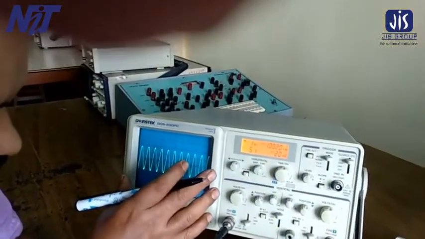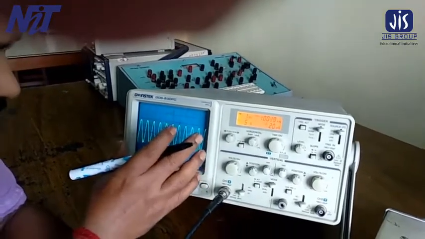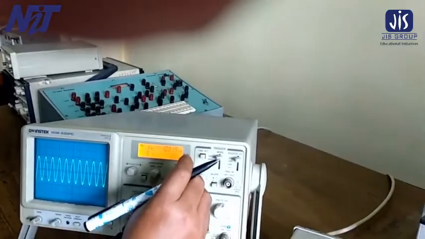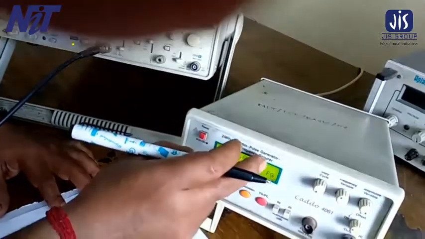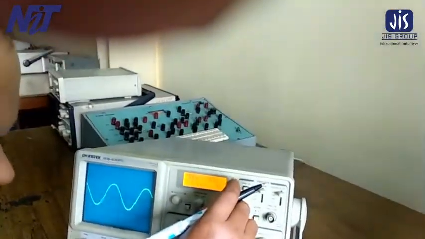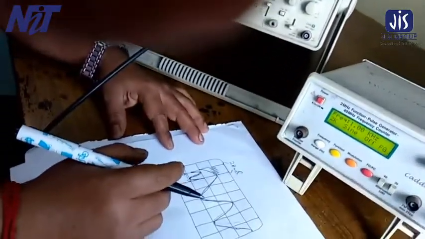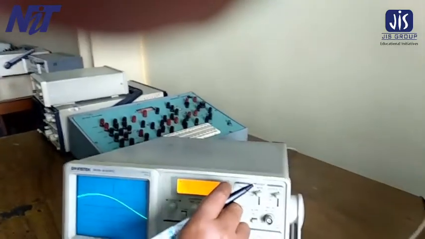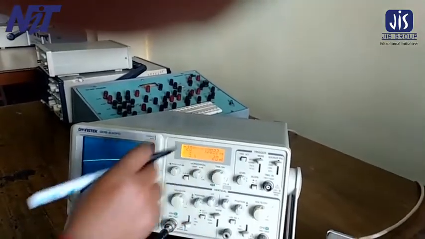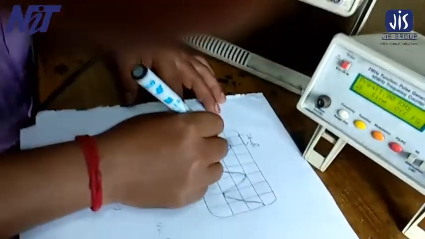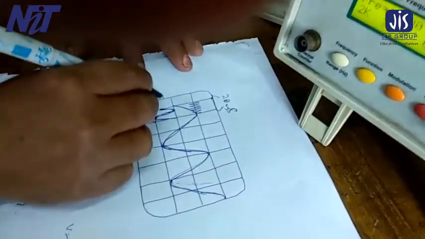And if you want to illustrate this signal further, to view or analyze it properly, then you may decrease your time base in comparison to your actual signal. That means your actual signal has 1 millisecond, you may set it at 0.2 or 0.1, not too far, because if you make your sweep too fast, or your time too small compared to your original signal, then you will see only part of this waveform at a single instant.